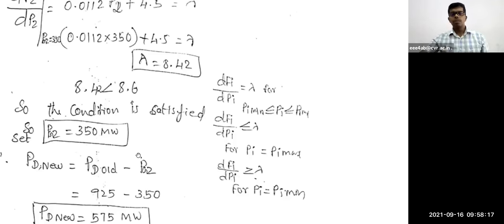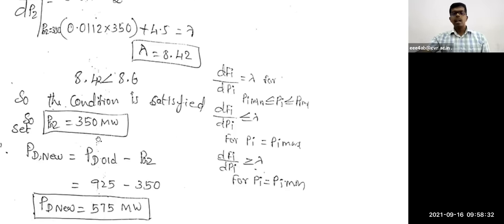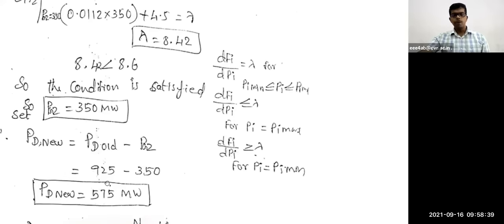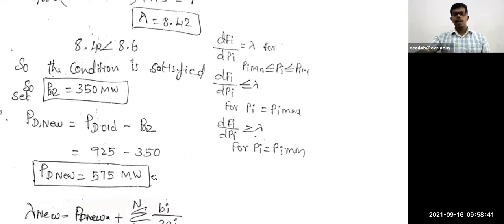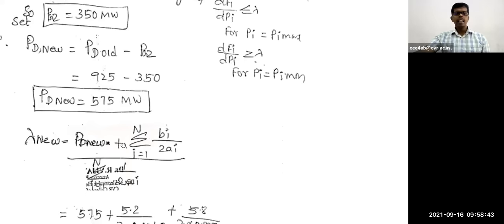Here only one unit is not satisfied, so I directly took 350 megawatt. So you need to write that formula correctly. So what is PD new? 925 megawatt minus 350 megawatt is 575 megawatt.